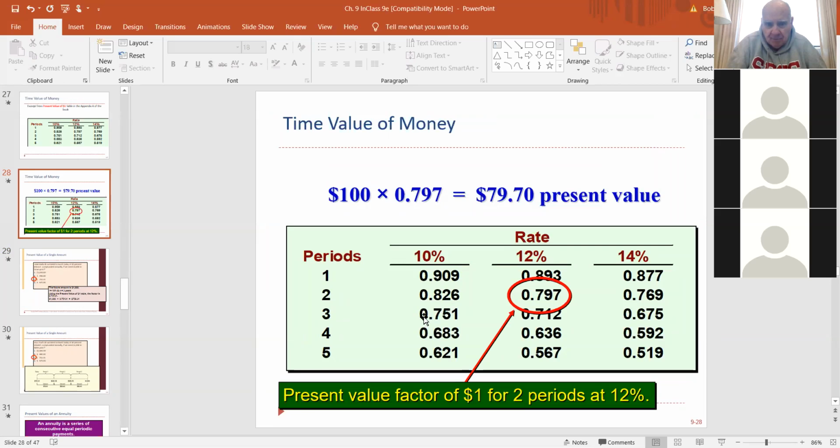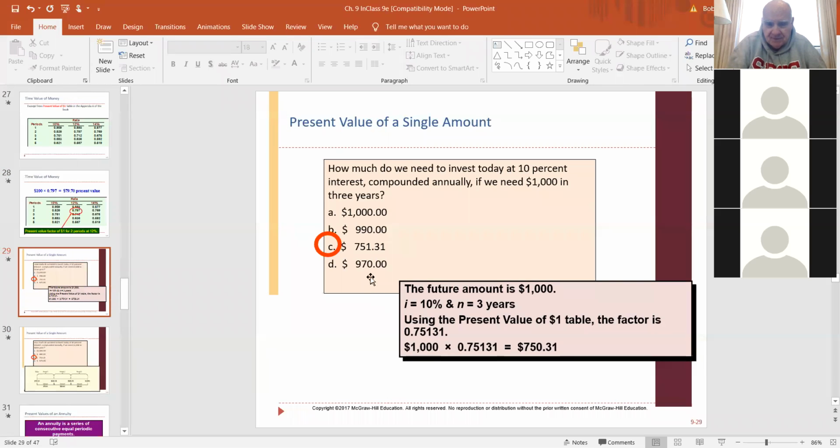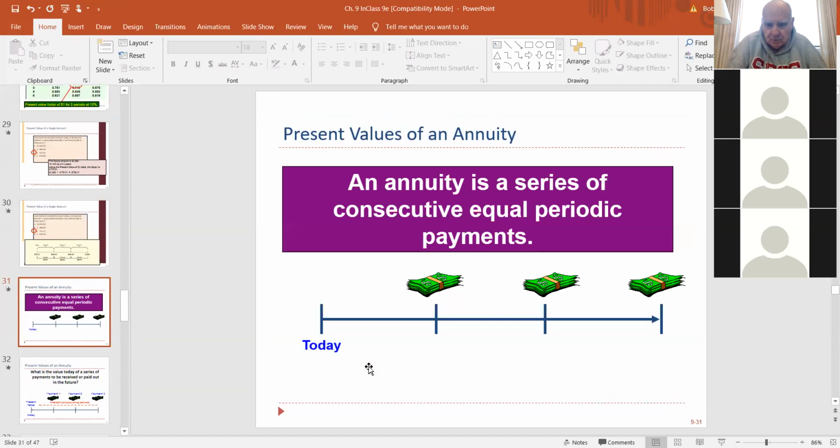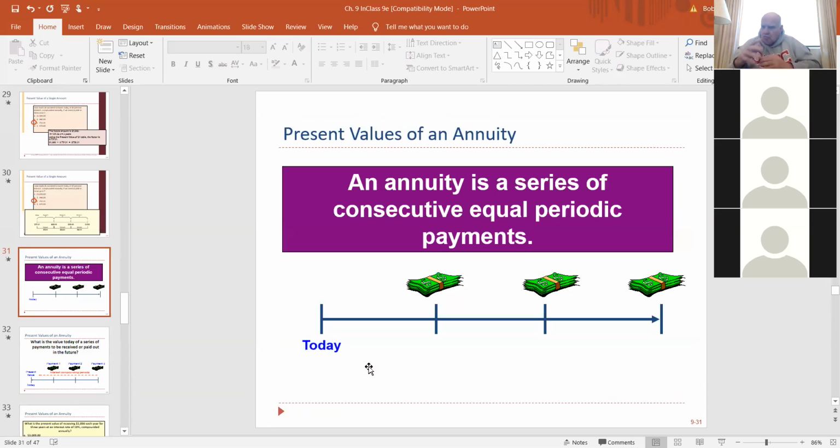We multiply that by the 1,000 we're borrowing. That is the present value. So here we're just learning to read the tables a little bit, okay?